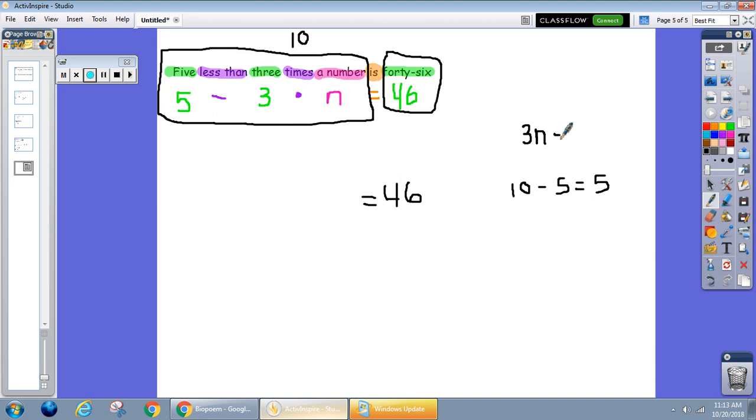So 5 less than 3n looks the same way. You put them in the same position. All right, so I need to just copy that into my equation. And my spacing's not amazing, but it's fine. So 5 less than 3 times a number, that's this side, is 46.